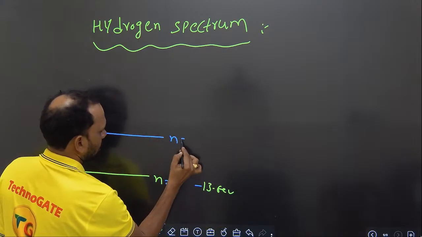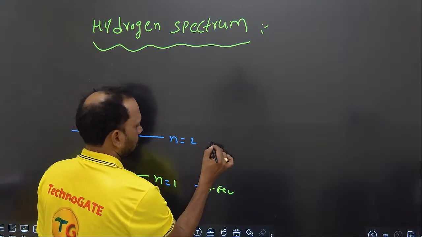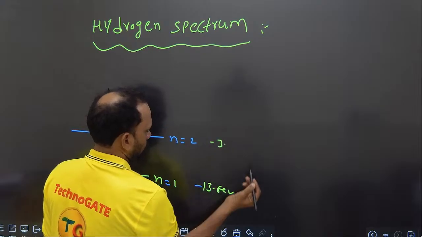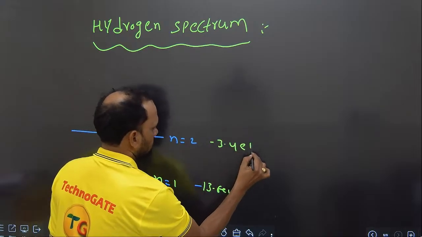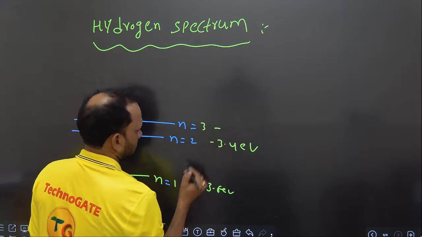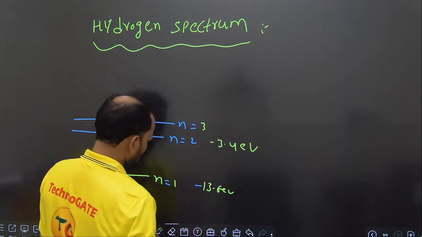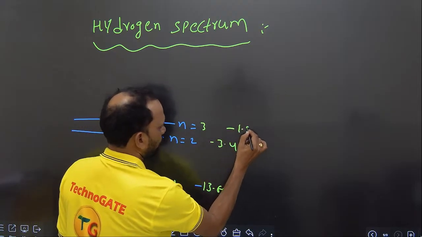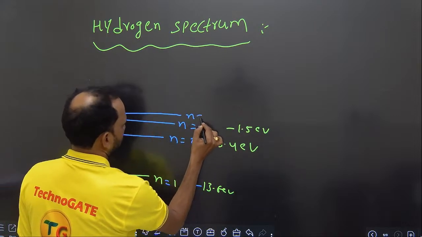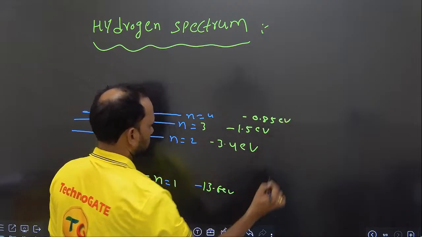The first excited state, or second orbit, has E equal to minus 3.4 electron volts. Next, n is equal to 3 has energy of minus 1.5 electron volts. Next, n is equal to 4 has minus 0.85 electron volts.